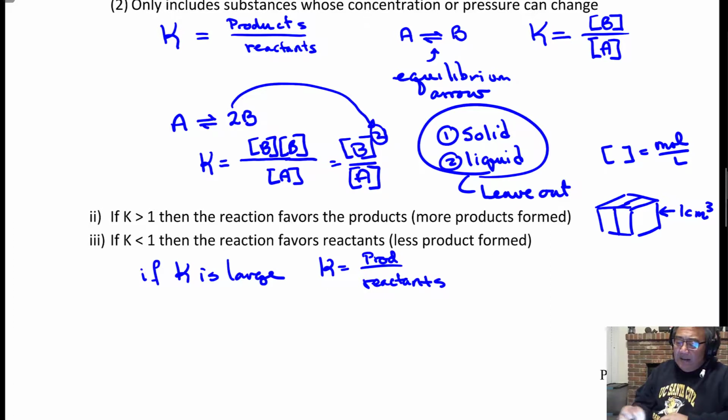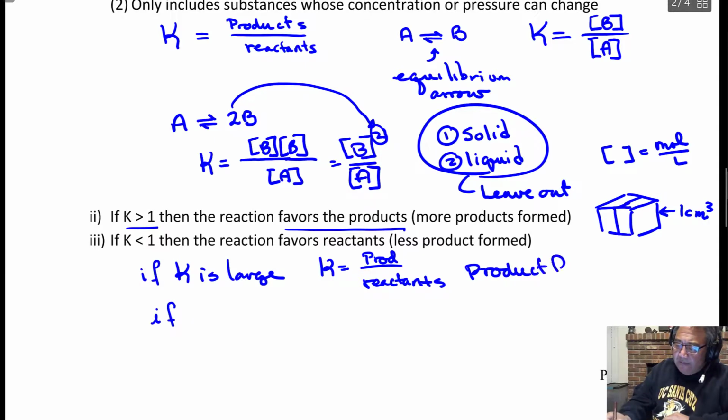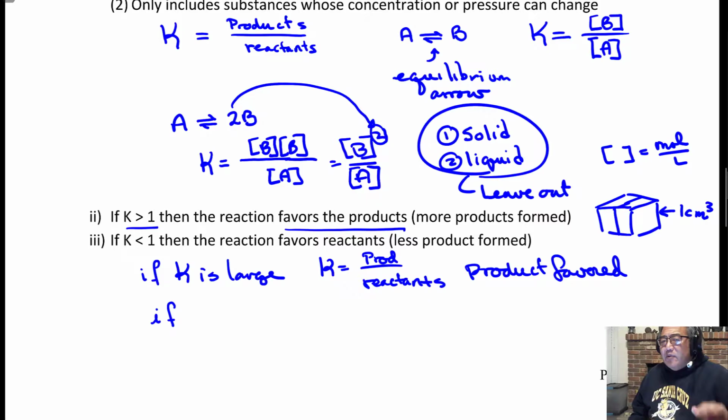So we would say if K is large, the reaction favors the product, or is product favored, okay? So I'm going to write this product favored. That's simply to say that at equilibrium, there'll be a lot more product than reactant.